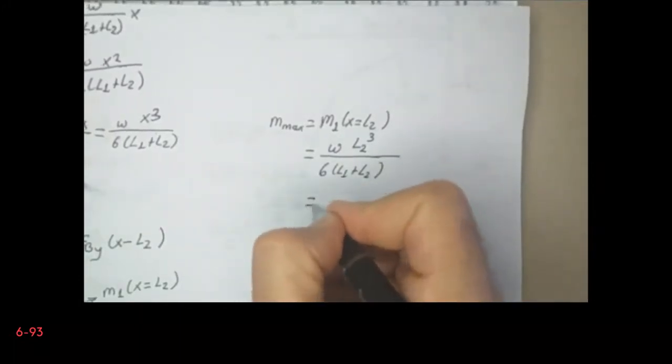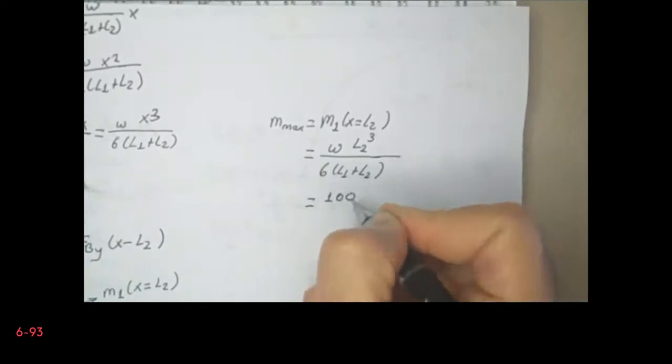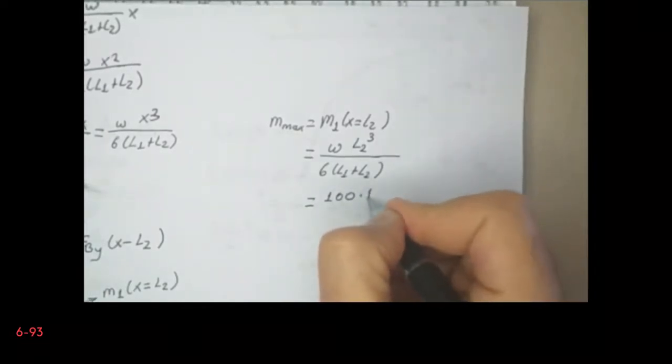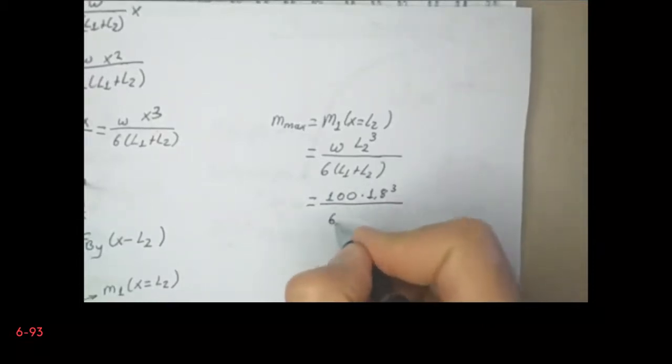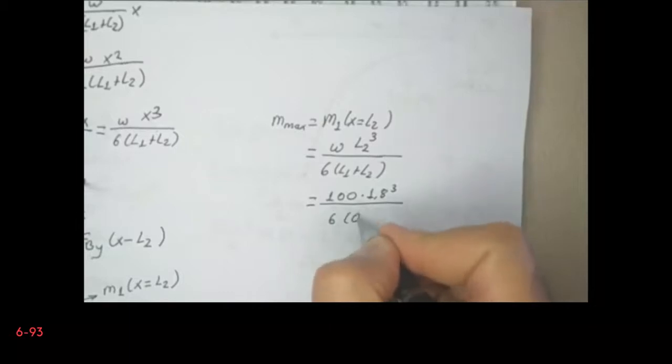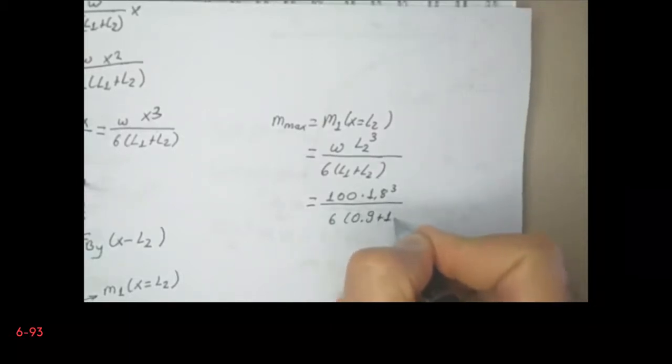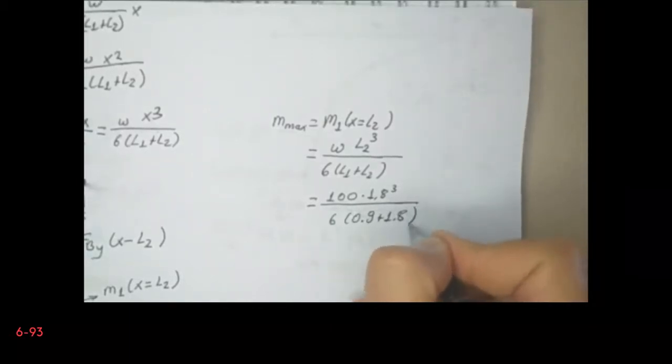W is 100, L2 is 1.8 cubed divided by 6, divided by 0.9 plus 1.8. So let's do the calculation.